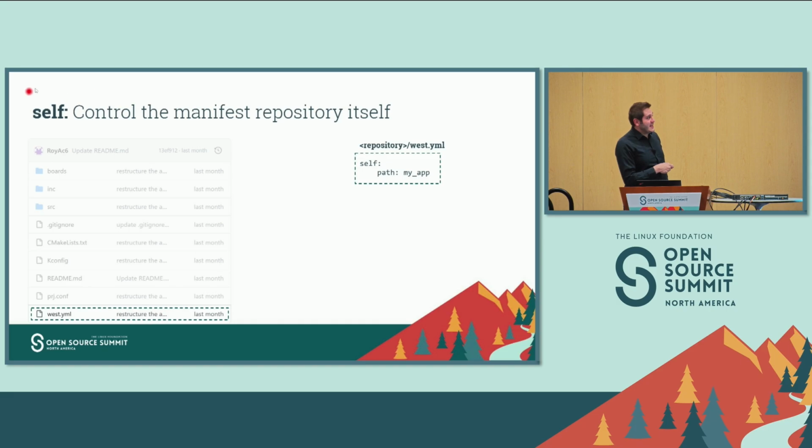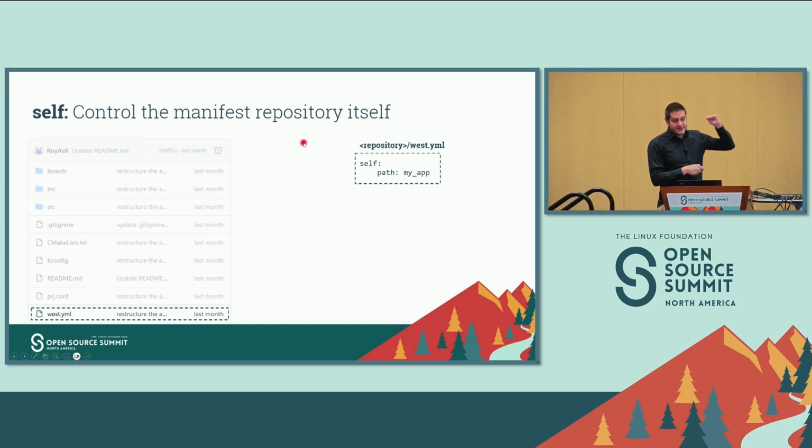Okay, so there's also self. Self is a bit confusing, actually. Self is going to control the manifest repository itself. So this is a Git repository of my application. This is your application, and inside it we have a west.yaml. Inside this west.yaml we have different things.